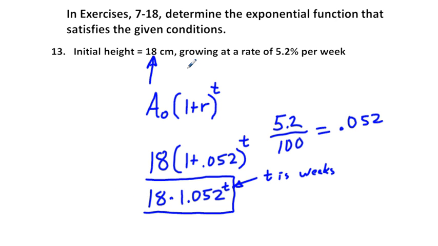I forgot height, right? So it's the initial height. We'll say h, or height with respect to time, and that's going to be in centimeters. And if we plug in 0 for t, at t equals 0, 1.052 to the power of 0 is 1. So our initial value would be 18 at t equals 0.